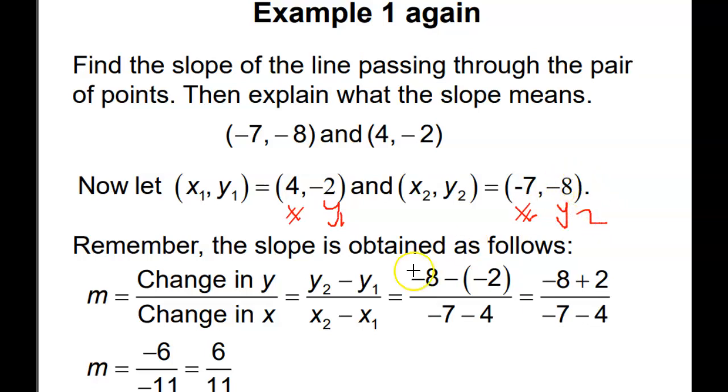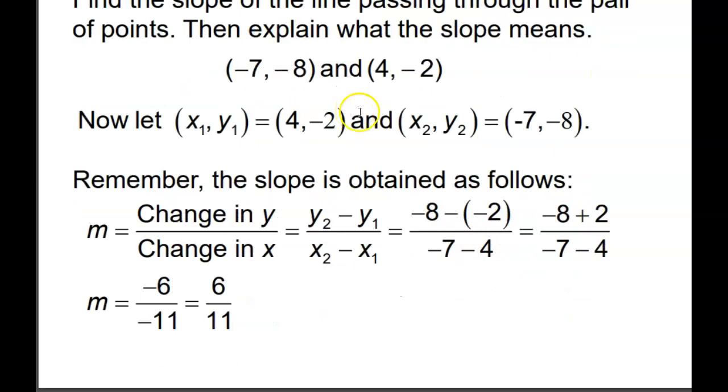So you see I put the -8 down here, and I subtracted the -2. So -8 minus a -2 becomes -8 plus 2. The signs are different. Subtract 8 minus 2 is 6. Keep the sign of the bigger one, which is the 8, so I get -6 on top.